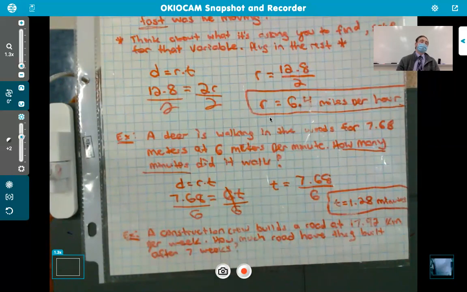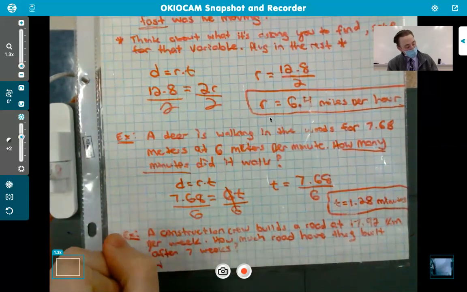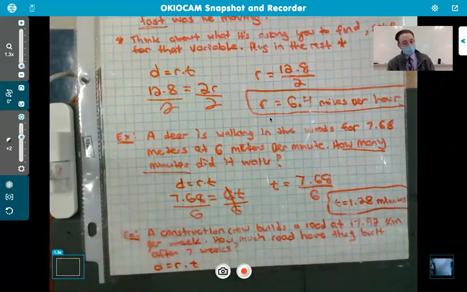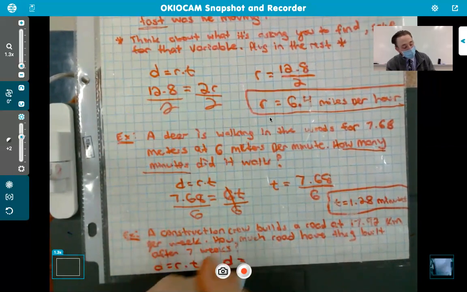Okay, I can see why you said that. But they're asking me how much road has been built. So that's not going to be measured in time. It's going to be measured in distance. Good. So I start with my original equation, D equals R times T, right? Like we just said, we're asking what's the distance of the road that they build. So distance is my unknown.